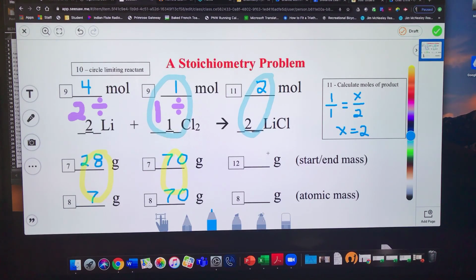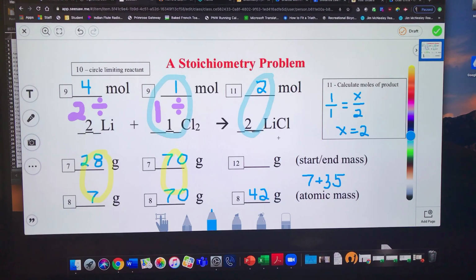And my last step, step 12, is that I need to multiply this 2 by the atomic mass. So I have to go back and calculate an atomic mass here because I didn't get that done earlier. So lithium is 7 plus chlorine is 35. 7 plus 35 is 42. Okay, so 42 grams per mole.